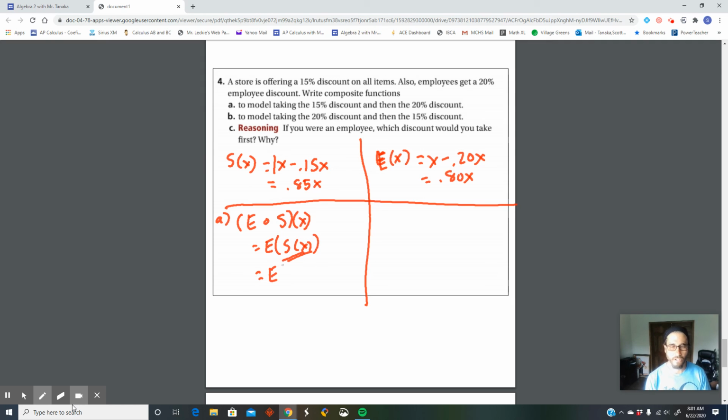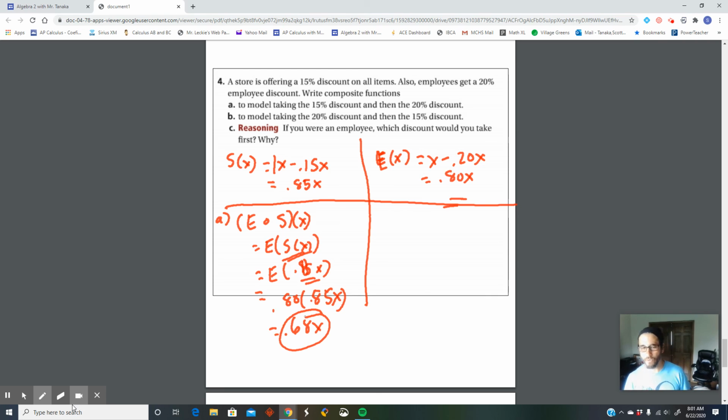So if I do the math here, and I don't know the price of anything, but it's going to be interesting what happens. Whoops, that's 0.85x. Sorry about that, you guys. Then if I do E, it means I'm going to plug 0.85x in for X over here, and that would be 0.80 times 0.85x. And if I do that math, I get 0.68x. So I'm going to have to pay 68% of the original price.